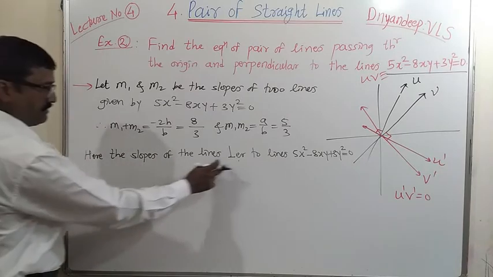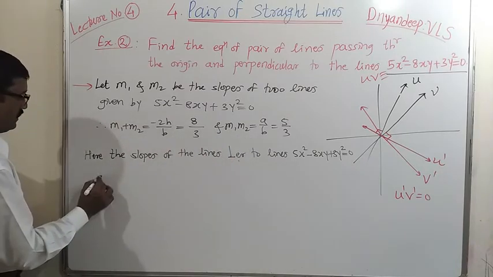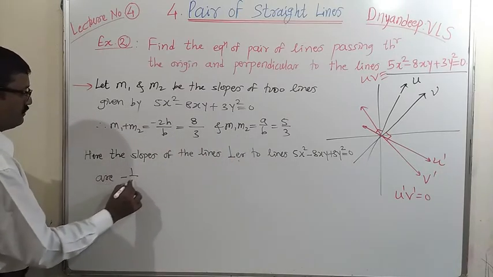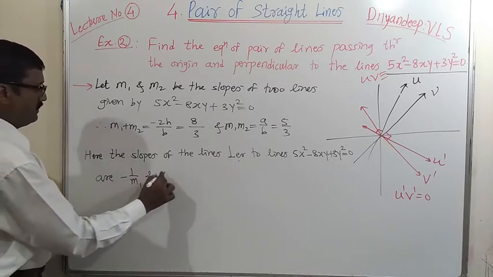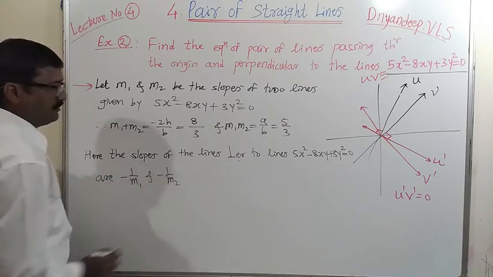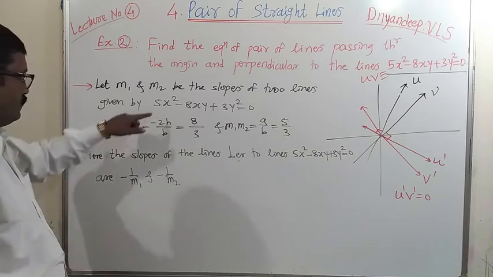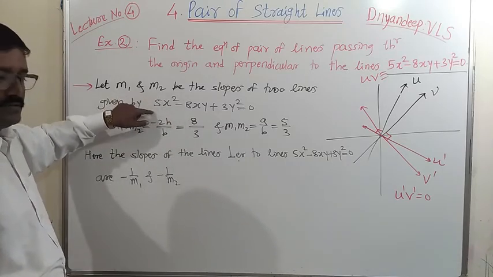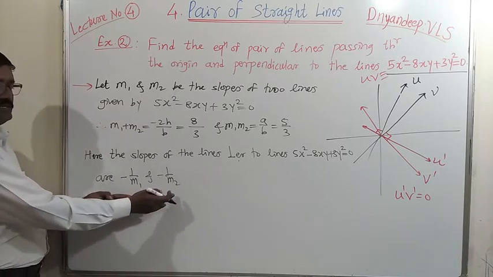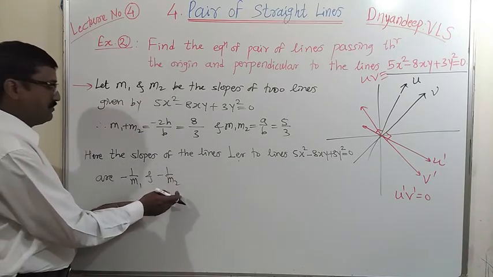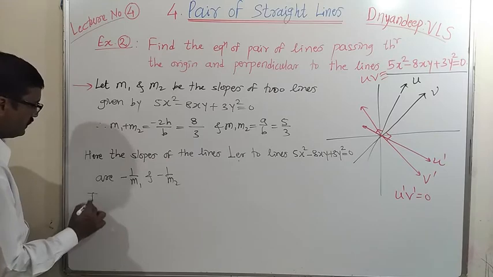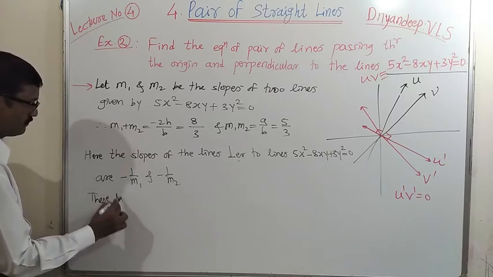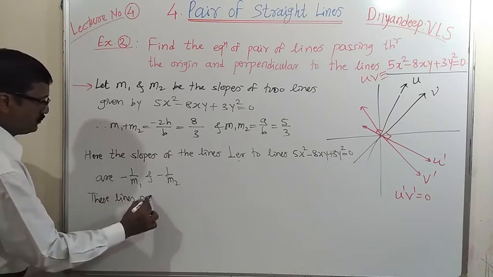The slopes of the lines perpendicular to the lines are minus 1 upon M1 and minus 1 upon M2, because M1 is the slope of the first line and M2 is the slope of the second line. So slopes of perpendicular lines will be minus 1 upon M1 and minus 1 upon M2. These lines pass through origin.